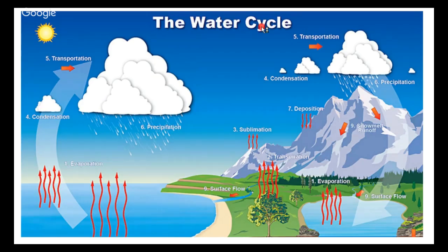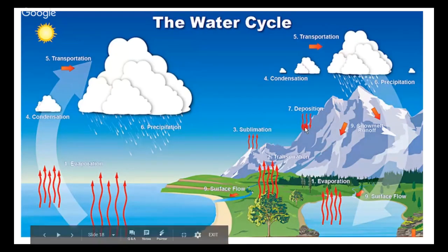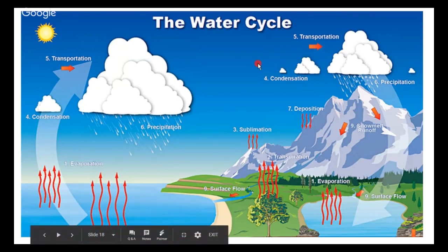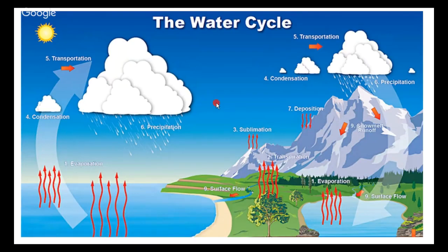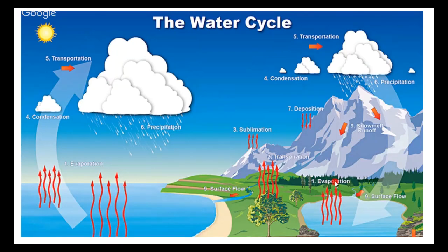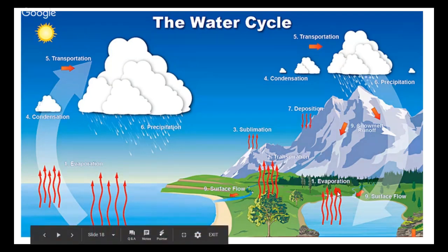Here we have the water cycle. We need to remember that water is never lost. It just moves from one state to the next. So let's see if we can find one. Where's one? Right. Evaporation takes place. Then what happens? Condensation.